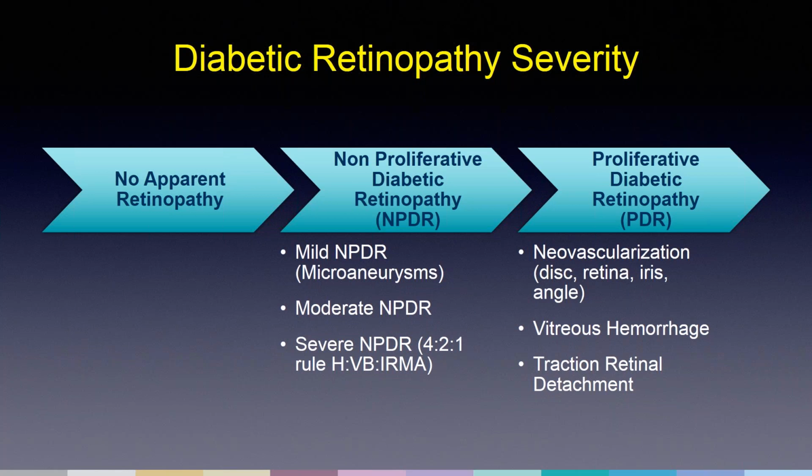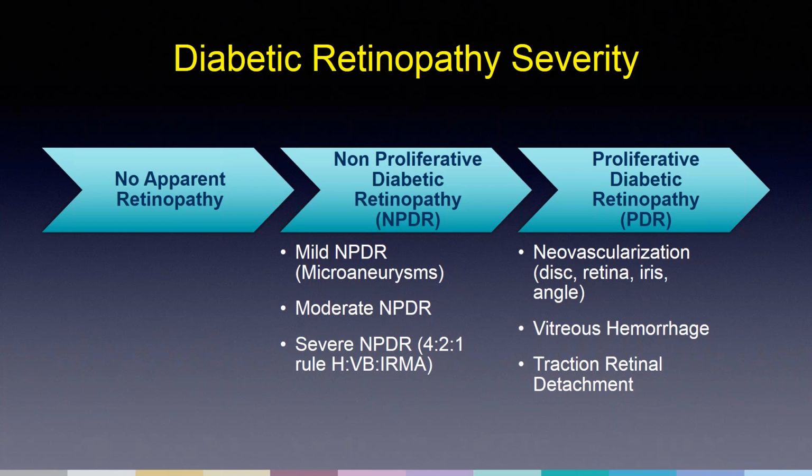But once they develop diabetic retinopathy, beginning with mild non-proliferative diabetic retinopathy manifested by microaneurysms, which then progress through moderate and severe, and we all know the 4-2-1 rule, with 4 quadrants of hemorrhages, 2 of venous beading, or 1 of IRMA, intraretinal microvascular abnormalities.